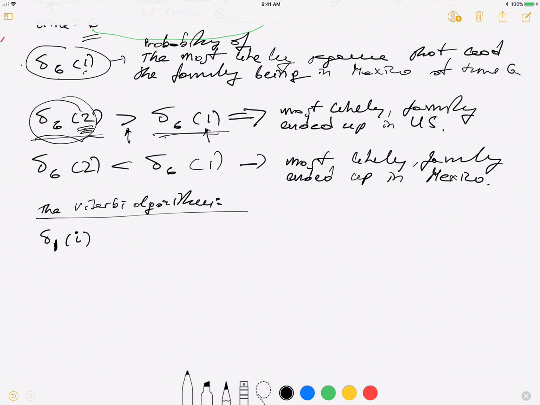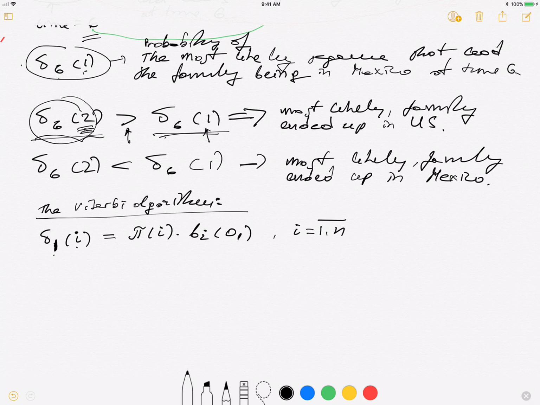That's the probability of the most likely sequence leading our system in the state I at time 1. This probability is equal to, what does this mean?